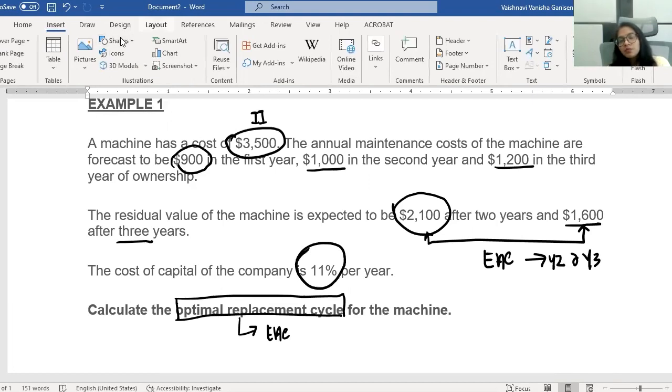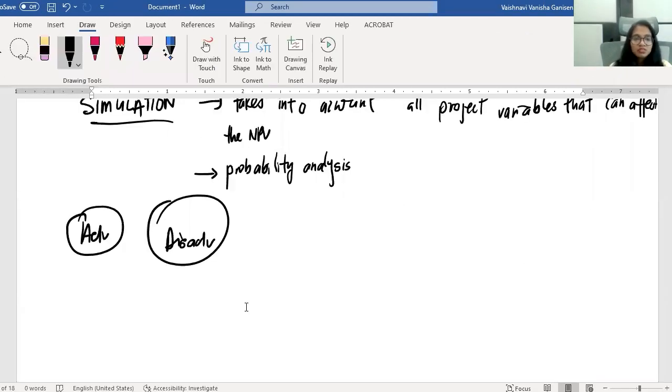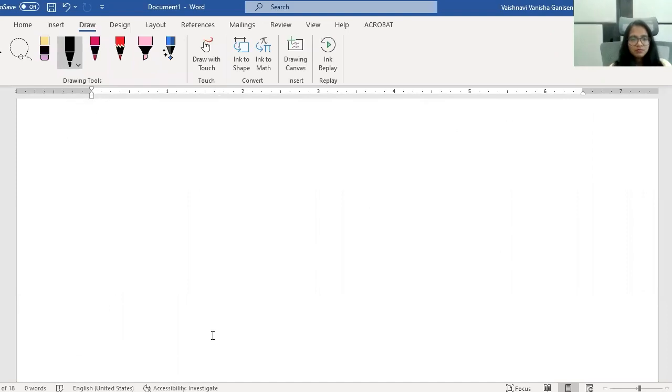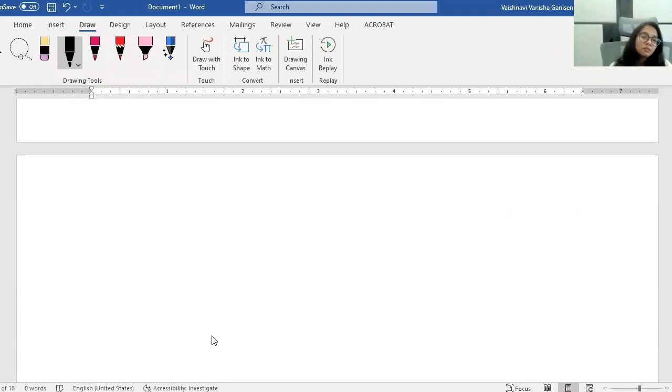So guys, I'm going to switch my screen now. I want you to be careful, because when you do a question like this, students normally make a common mistake. So what are the common mistakes that we want to try to avoid? I'll just scroll to a new page here.